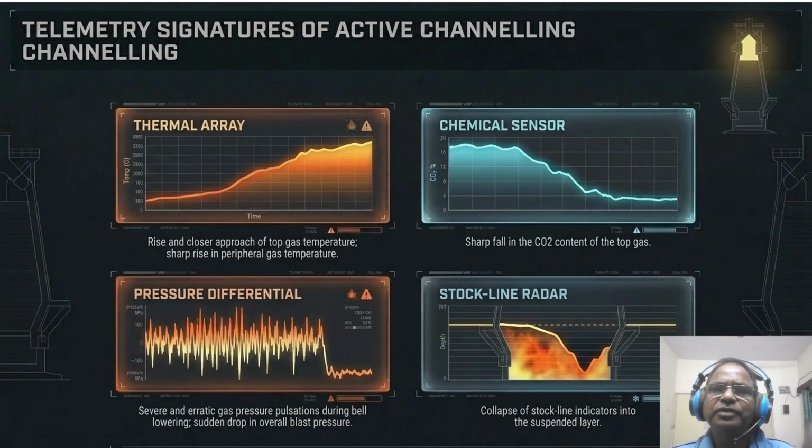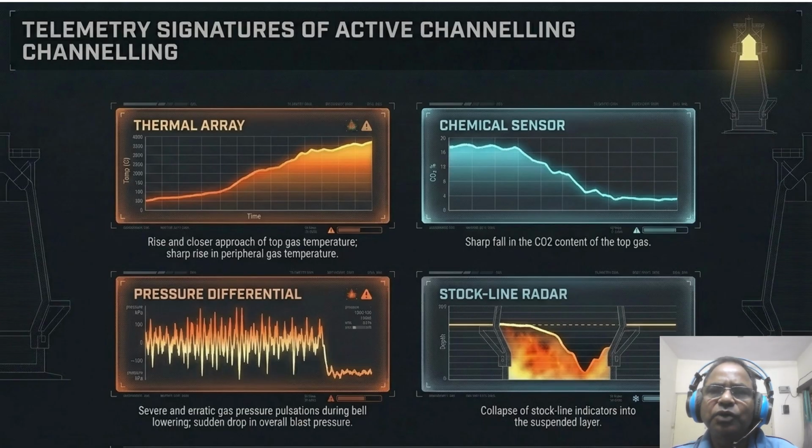Top left, the thermal array shows a sharp jagged orange line climbing. This is the rise in top gas temperature. Top right, the chemical sensor shows a blue line falling off a cliff, representing a sharp drop in CO2 content of the top gas. This happens because the gas is short circuiting and not reacting with the ore.